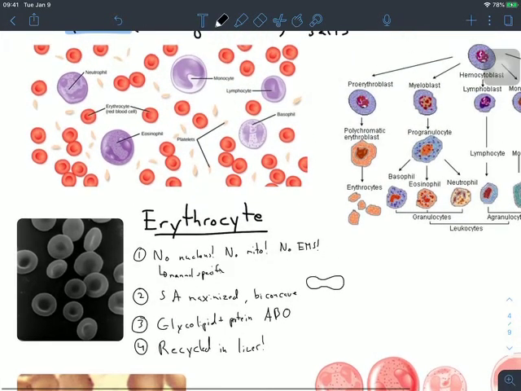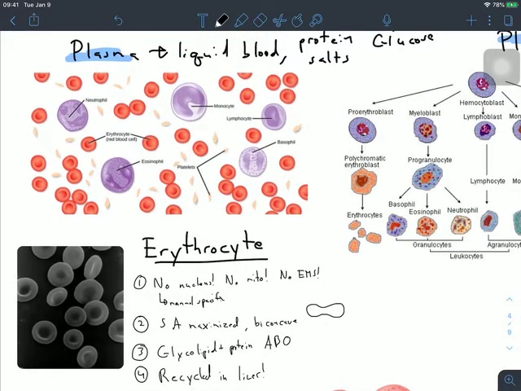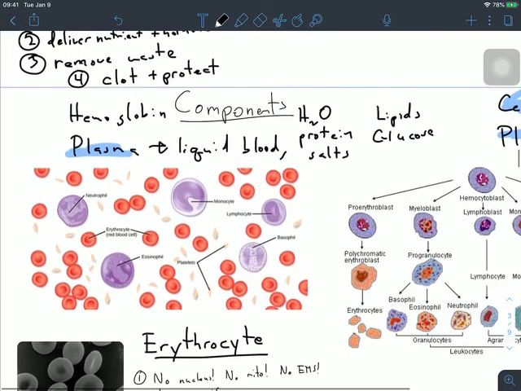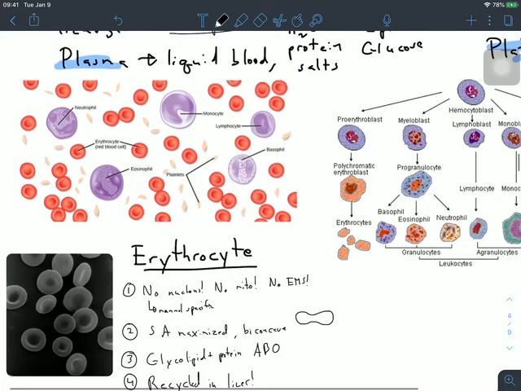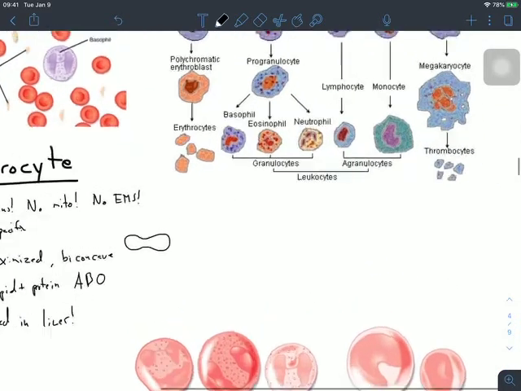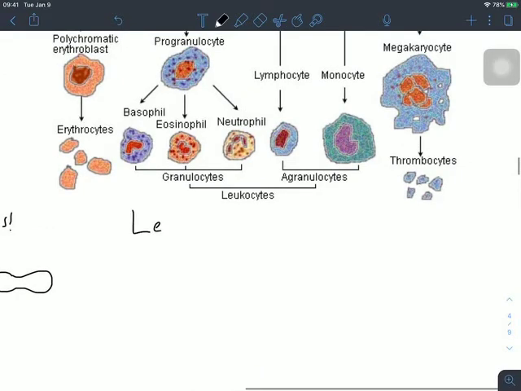So erythrocytes are the vast majority of your blood. Again, they themselves are comprised of 96% dry weight of hemoglobin. But beyond the erythrocytes, we do want to talk about the leukocytes, which comprise only 1% of the blood, but are very important because they are our white blood cells.